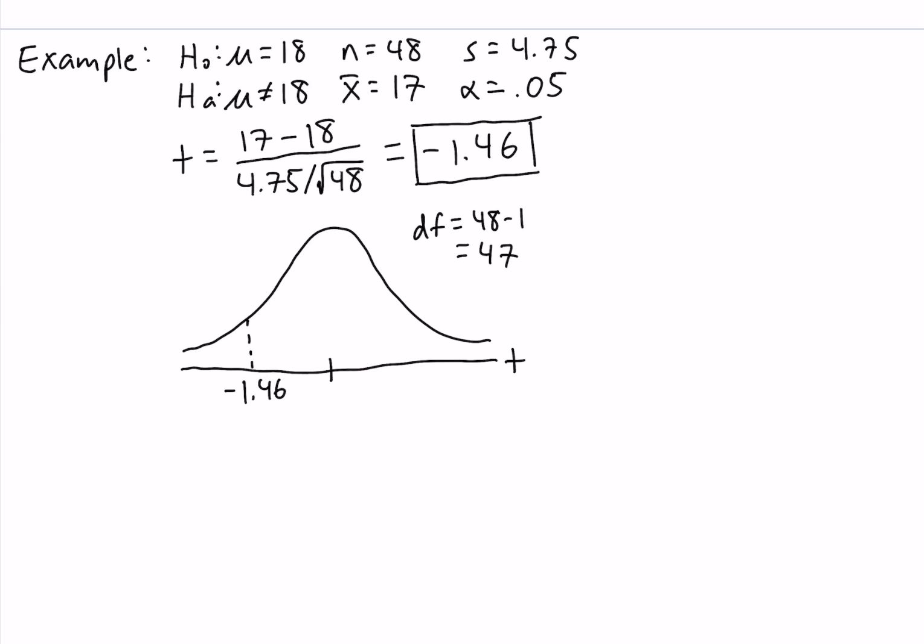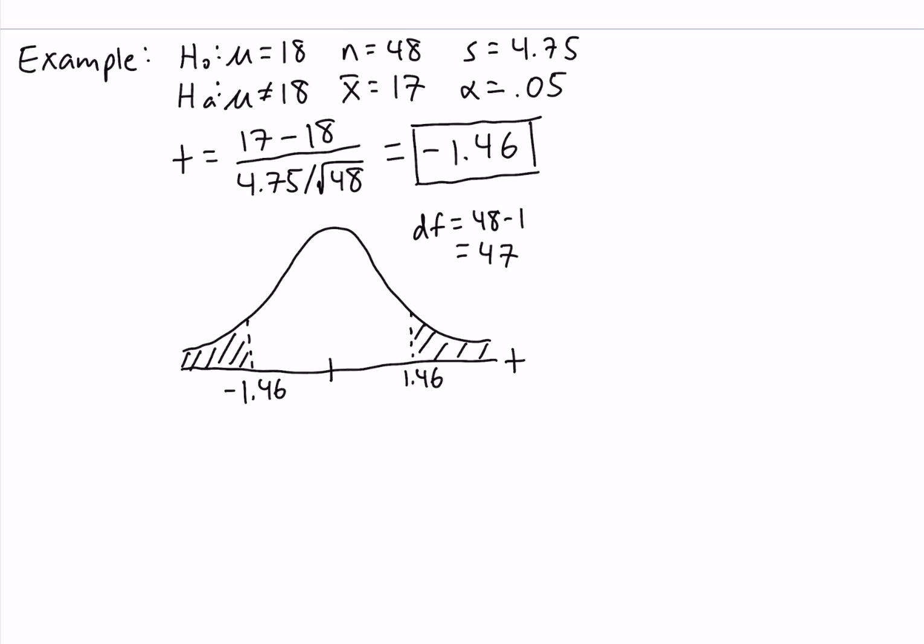So we just want to look at where the height of the curve is lower than where it is at negative 1.46. So it's going to be all the values of t that are less than negative 1.46, but they're also going to be the values of t that are greater than positive 1.46, because the t distribution, like the z distribution, is symmetric.